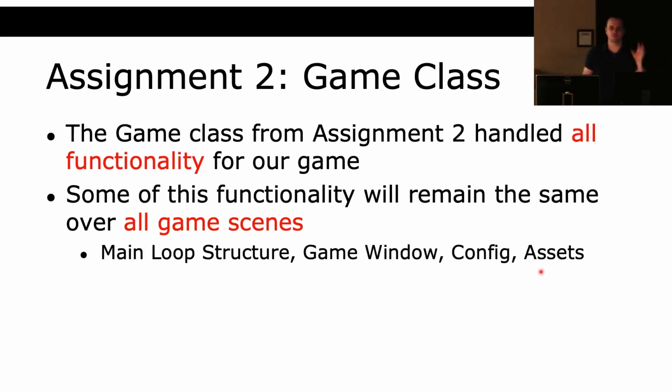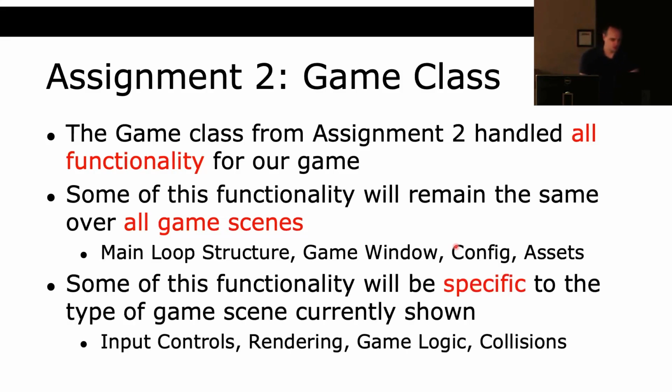Maybe we have music that plays during the title screen that's the same as during the gameplay scene. So there is a lot of stuff that is common to all the scenes, and we wouldn't want to have 3 or 4 different scenes and have to replicate that code in 4 different places, right?